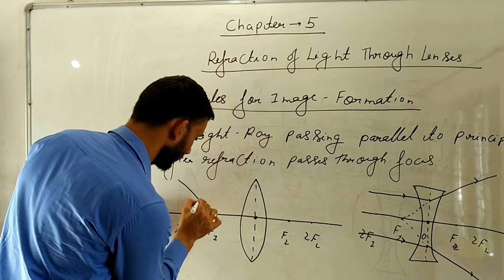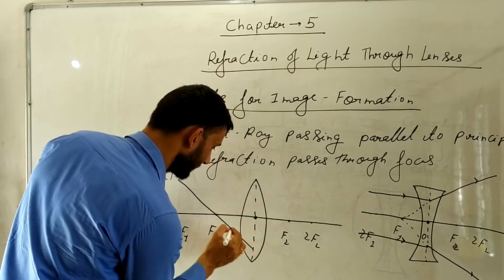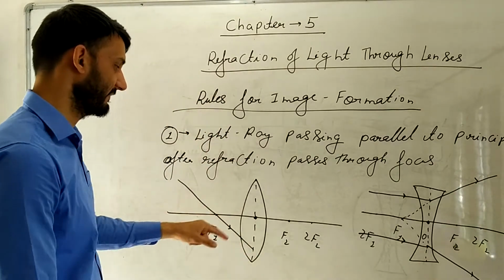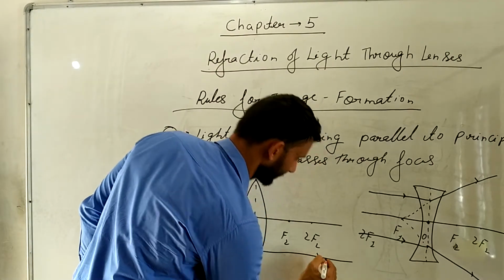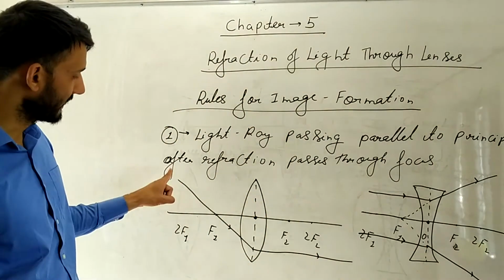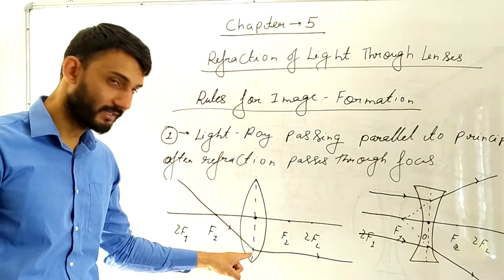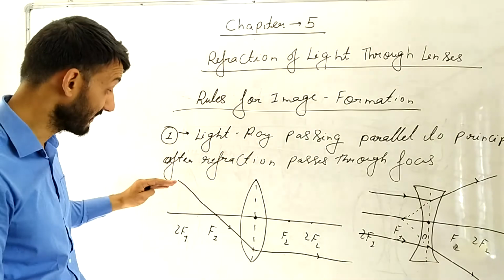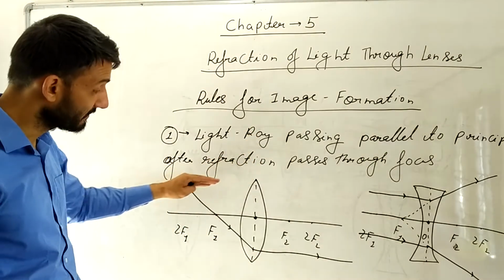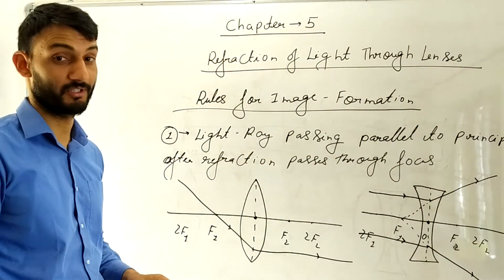Light ray passing through the focus like this, after refraction will become parallel to the principal axis. The previous rule was light ray passing parallel to principal axis, after refraction passes through focus.